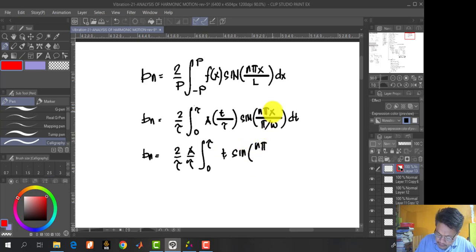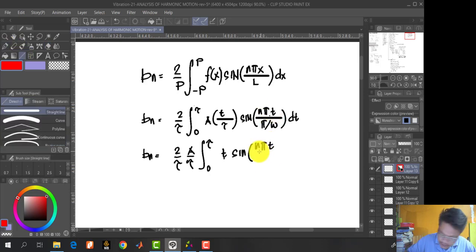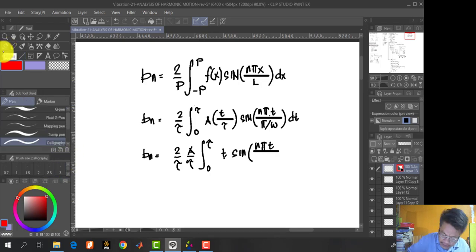And this one, sorry about this, I'm going to change this to t. This is t, this is t, okay, and it will be all over pi angular velocity, and this is dt.